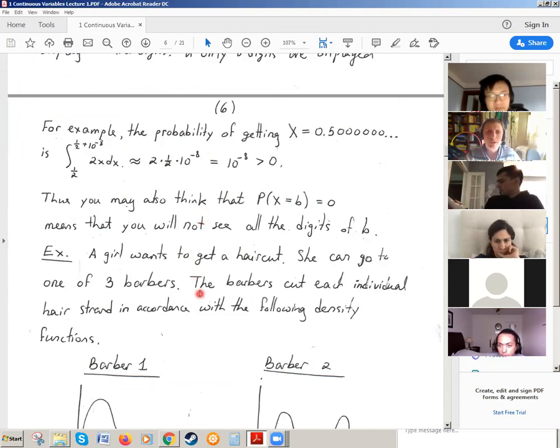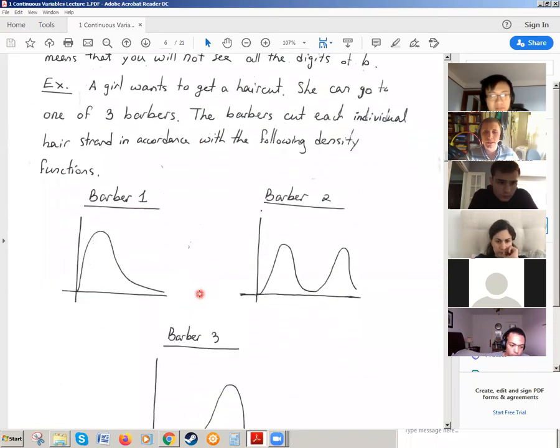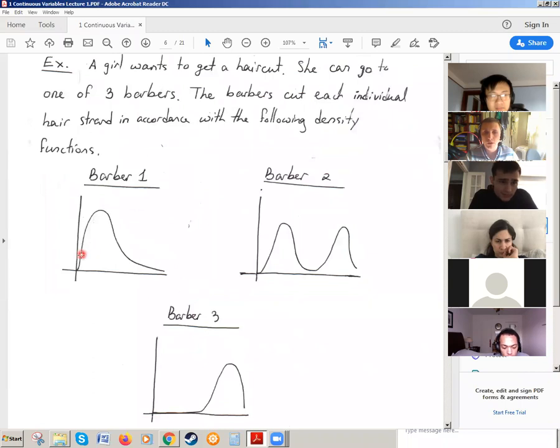A girl wants to get a haircut. She can go to one of 3 barbers. The barbers cut each individual hair strand in accordance with the following density functions. Okay, so here are the density functions. So you want to get a haircut. Which barber do you select and why?